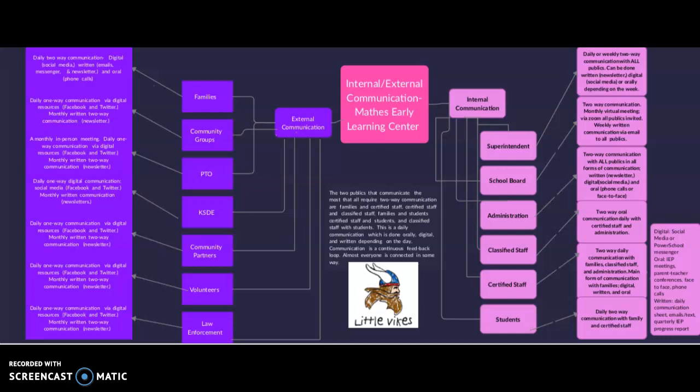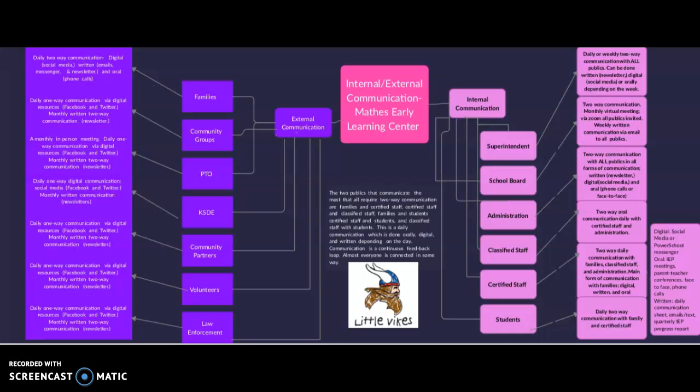Classified staff can have communication with families, PTO, the superintendent, school board, administration, or certified staff. They also receive the newsletters, the automated phone calls, and can see Facebook and Twitter. So they can pretty much communicate with any of the publics.